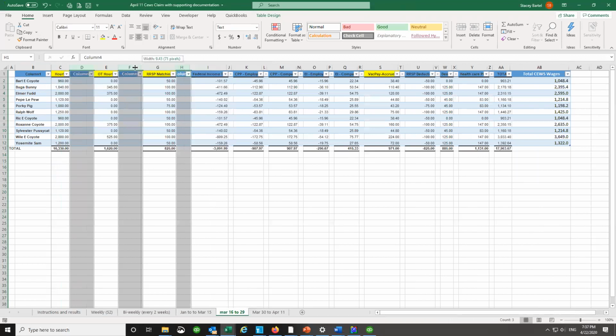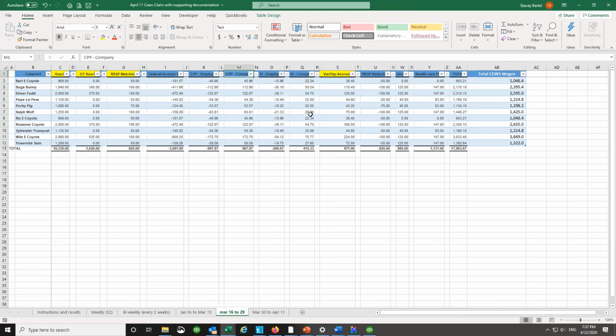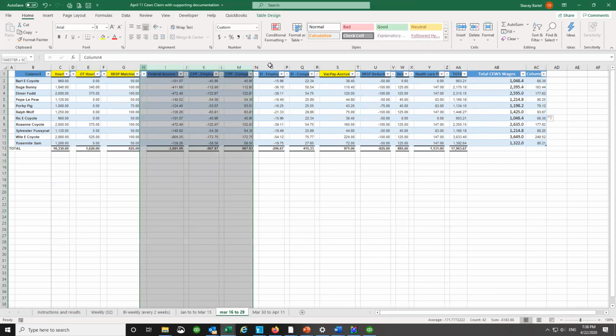For Ralph, we get to calculate the company CPP and EI. So if we take a look at Ralph Wolf here, we're going to go equals company paid CPP plus company paid EI. Okay, now this calculates everything. I'm going to go back and hide these columns here.